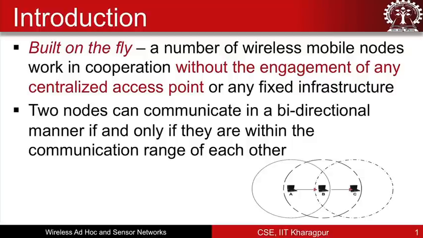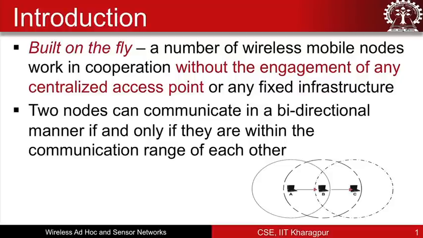If we carefully look at the figure, surrounding node A we see a dashed circle, and this denotes the transmission range, the communication range of node A. Similarly, for B and C we can see the respective circles denoting their communication ranges. In the case of node A, within the circle of A, node B is positioned.